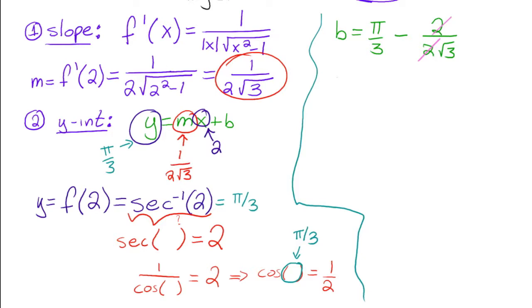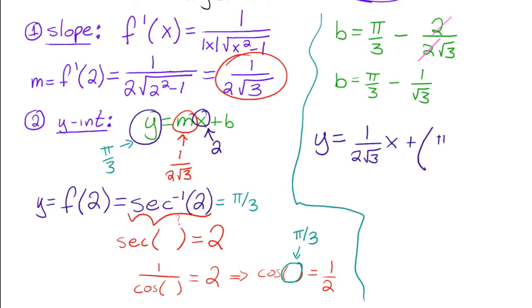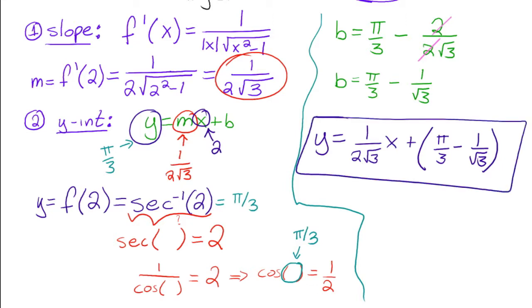Then I get that b is equal to pi over 3 minus 1 over root 3. So in the end, I get that y is equal to m, which is 1 over 2 root 3, times x, and then plus b, which is pi over 3 minus 1 over root 3. And that's it. That's the equation of the tangent line.